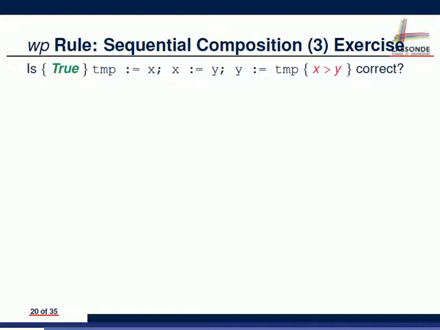I can give you a little bit of hints. To calculate the WP, you need 2 rules. You only need the rules for assignments and sequential composition. But now the complication about this example here is which one should you apply first, right?